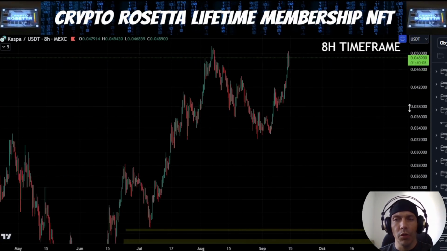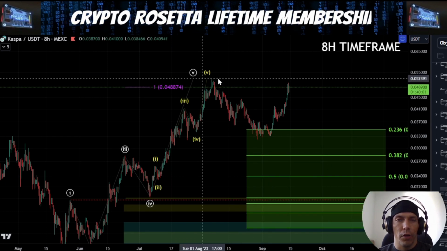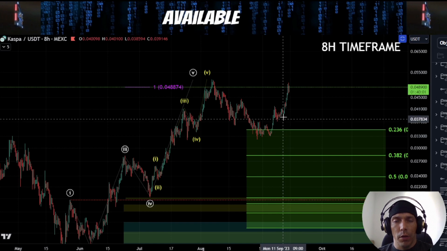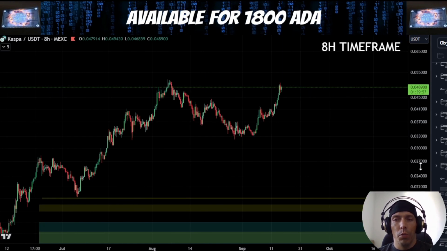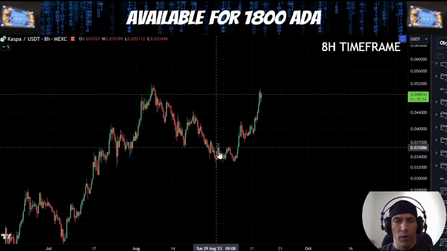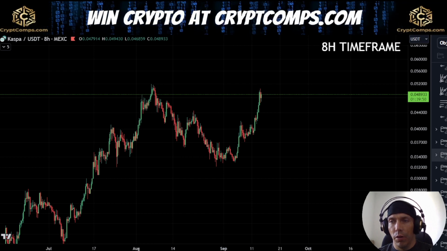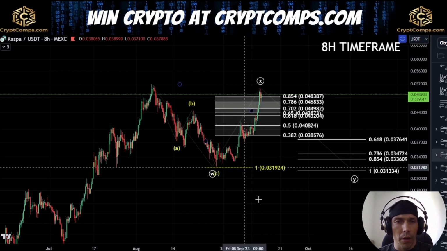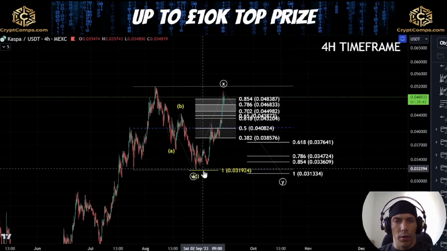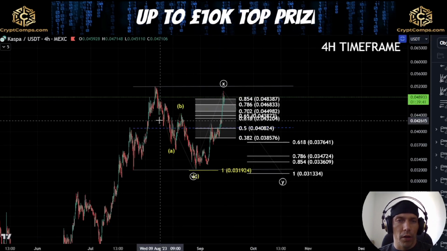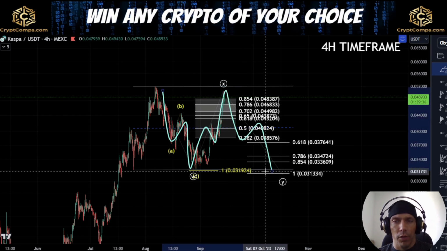Now, we need to be careful, like I said previously, that if this impulse is actually completed here, and we fail to complete that good structure to the upside in that fifth wave, what we could start to see is that this move in itself could just be a corrective structure. And if this is a corrective structure, we need to be very careful that this move could be looking to develop in a bigger W, X, Y pattern, in which case we would have 3 waves down, 3 waves up, and then another 3 waves to the downside.